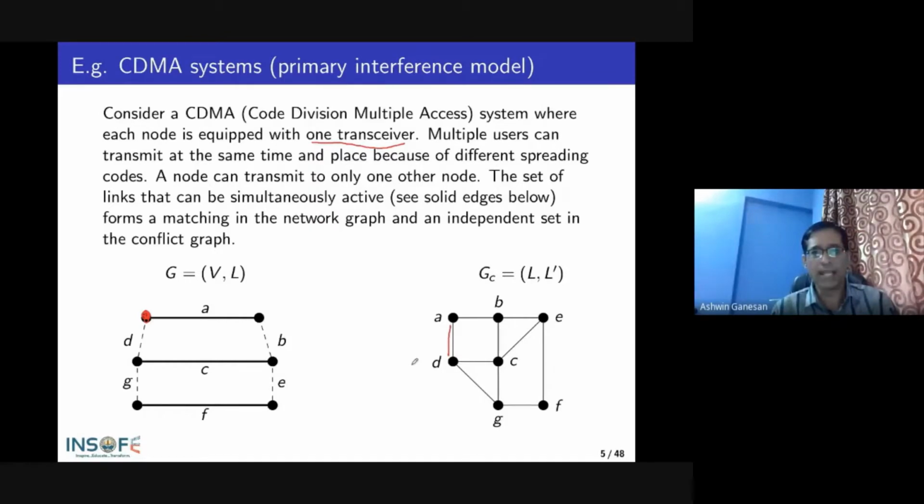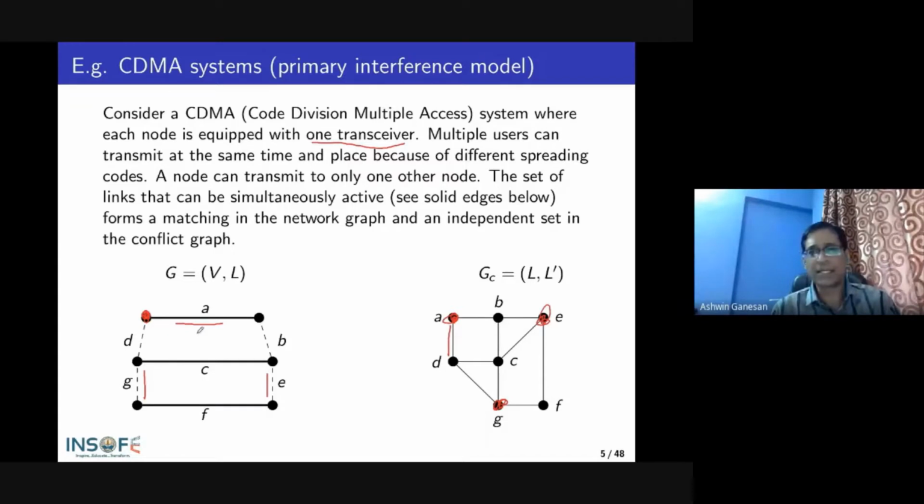Another example would be if you take links, let's say A, E, and G. These three links can all be active at the same time. Wireless transmission can take place simultaneously on all three links because they share no endpoints in common, because they form what's called a matching in this graph G. So when you construct the conflict graph, you can see that nodes A, E, and G have no edges between them.